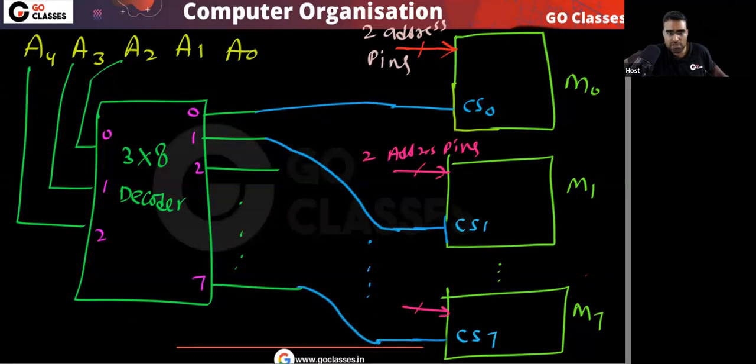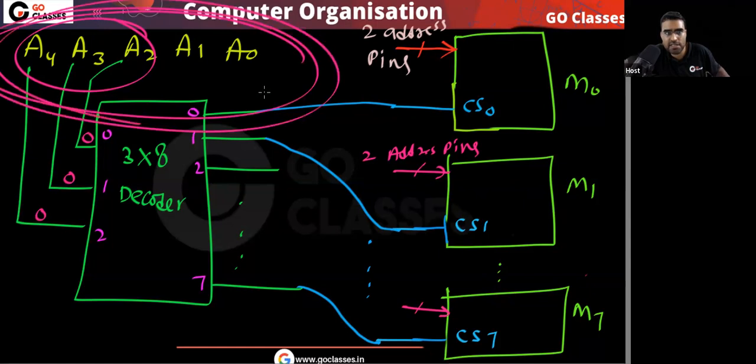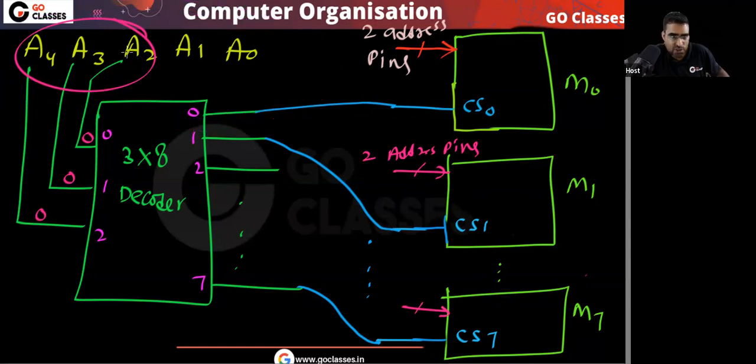Okay. Now just tell me quickly. Now when I give this 0, 0, 0, now what will happen? When I give 0, 0, 0 on these three MSB bits, in this address, if the high order bits are 0, 0, 0, then remember this is your normal decoder.